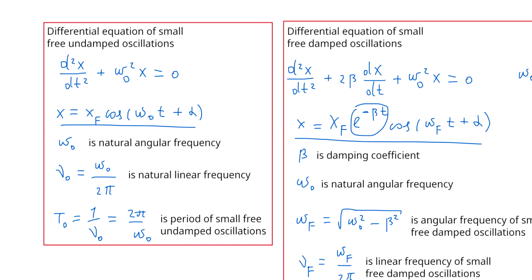This is a monotonic dissipating function, and it decreases with time. So you can see this is the difference.